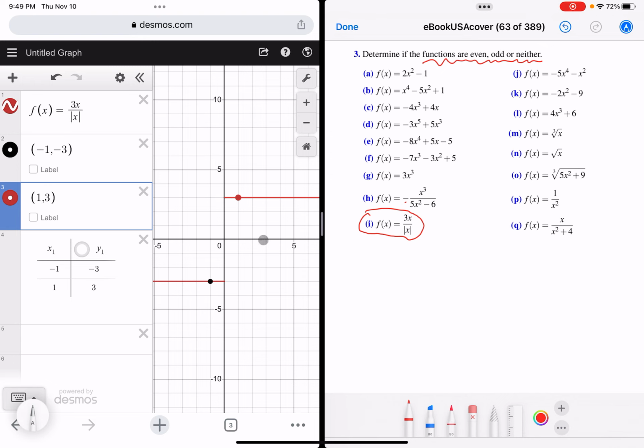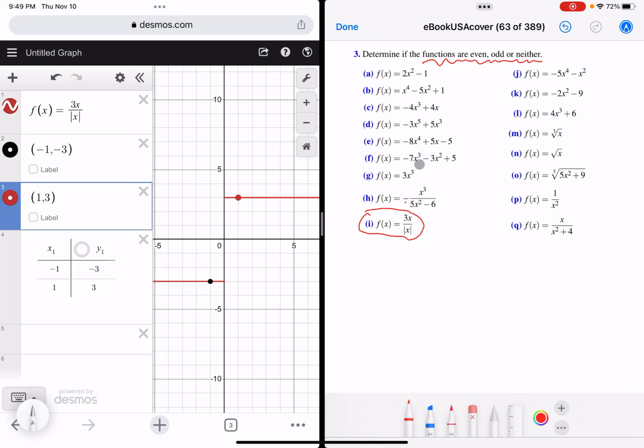On the positive side, when x is greater than 0, you have a 1, 2, 3 here. And on the negative side, when x is less than 0, then the value is negative 3.